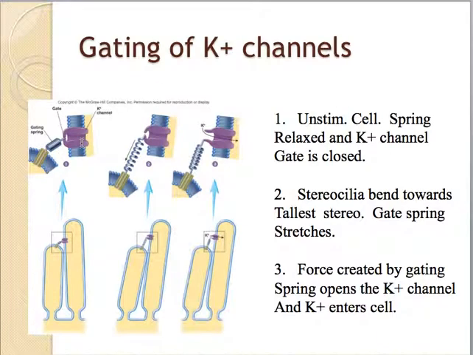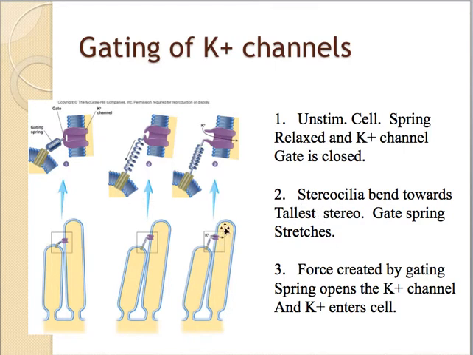Okay, so we're going to turn to slide number 23. Again, what's happening is this gating of the potassium channel. Okay, this is a mechanical channel. Unstimulated, the spring relaxes in this diagram, and the potassium channel is closed.